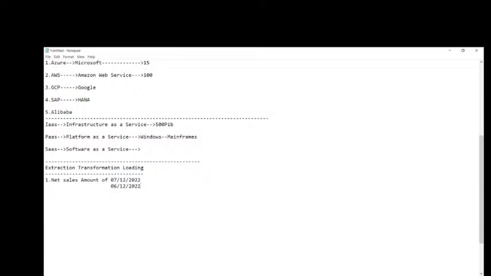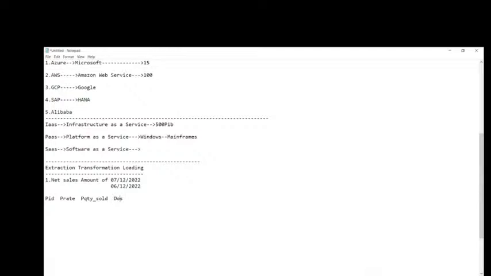This is the data. The data is like this. You have the product ID, PID stands for product ID, then the product rate, and the product quantity sold, and then the date of sales, DOS.